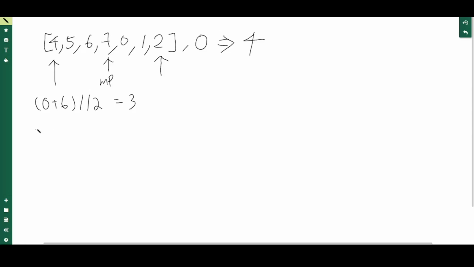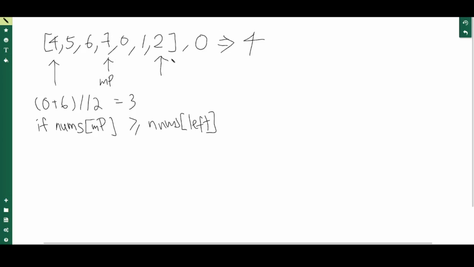How do we do this? How do we find the ascending part of the array? We check if nums MP is greater than or equal to nums left, that means it's left ascending, right?